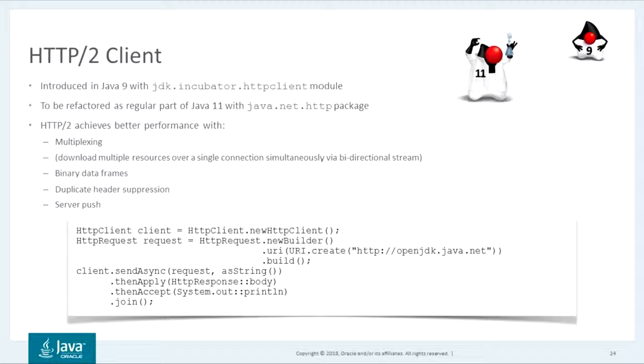So the server can send data to the client as well as the client can send data to the server. And therefore, it means that you can do asynchronous communications, as you can see from this code example, where you can handle the request-response interaction between client and server asynchronously. All right, so that's a new protocol, obviously, that we can now support.